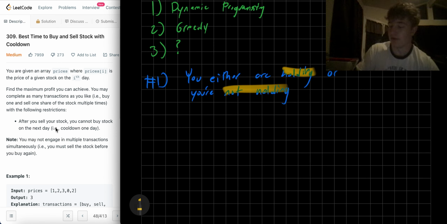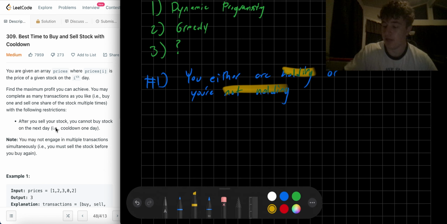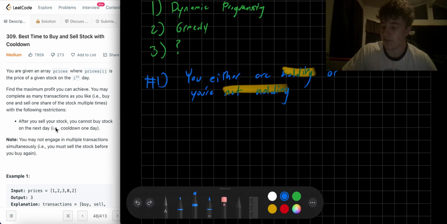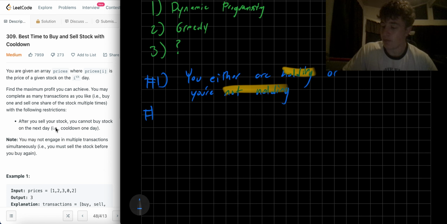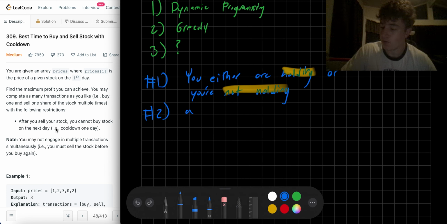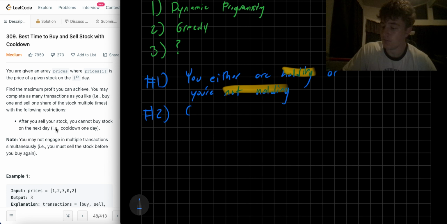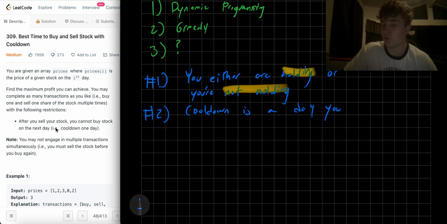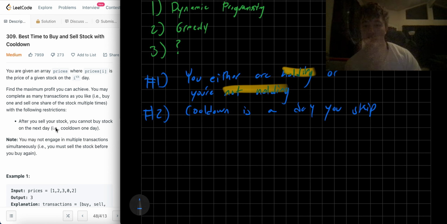So a cooldown period is what? Another way of stating what that is, in terms of something that will make sense later, is that a cooldown is a day you skip. Because a cooldown period happens after you sell the stock, right?